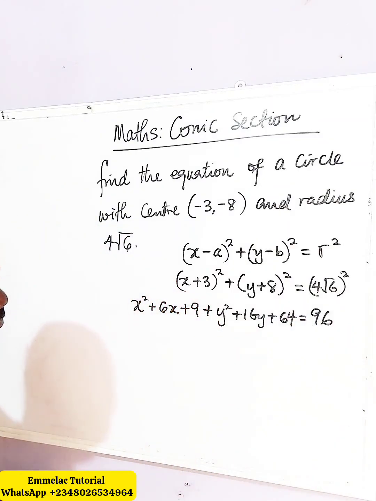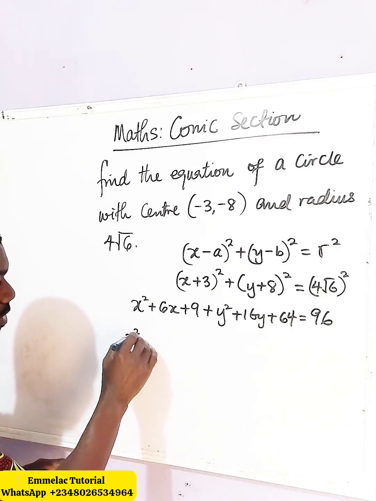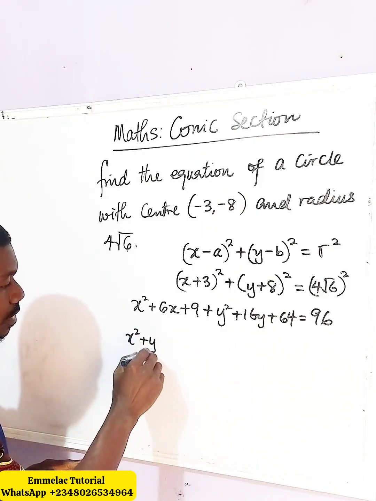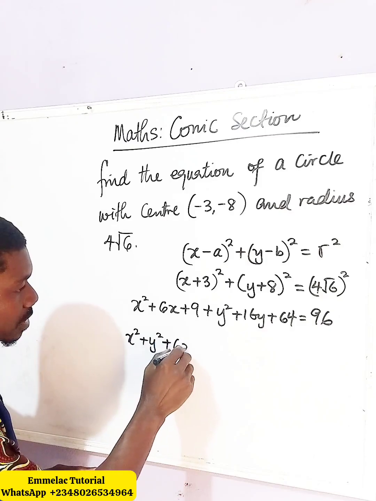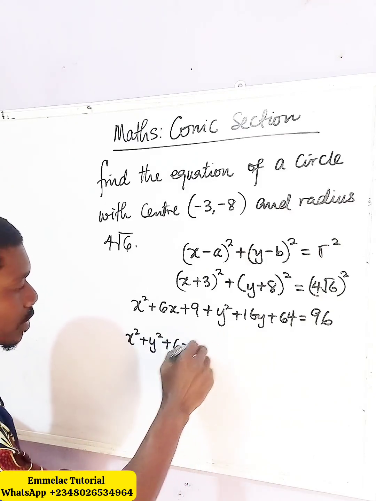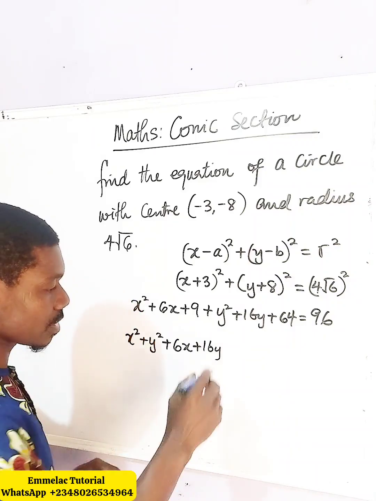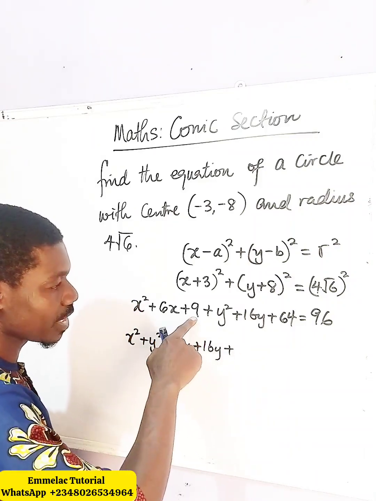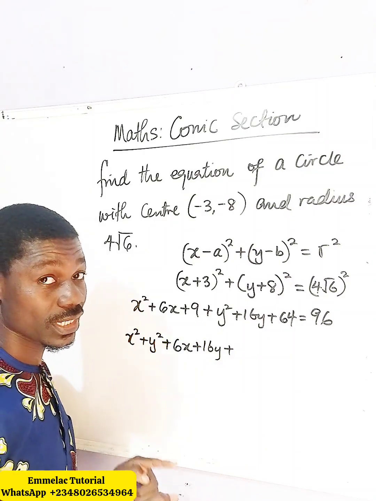Okay, so let us now rearrange. Here we have x squared plus y squared, then plus 6x plus 16y, then let us bring the constants together, plus 9. 9 plus 64 should give us 73.